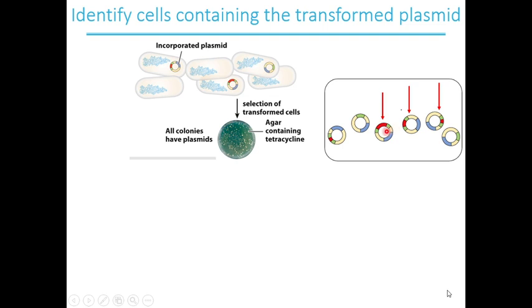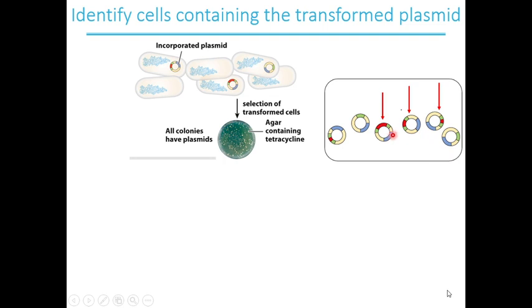Now, if the DNA ligase does not perform well, and if a plasmid did not get ligated properly, the ampicillin resistance gene does not get disrupted. For example, in this plasmid and this plasmid on the extreme right.